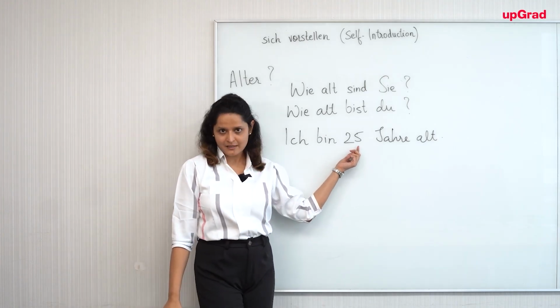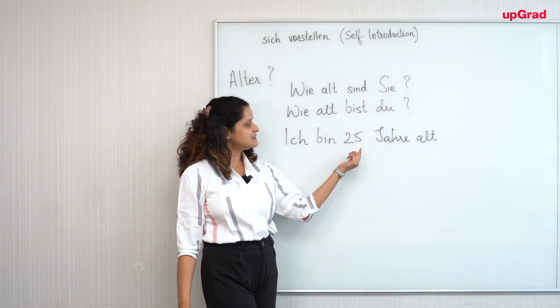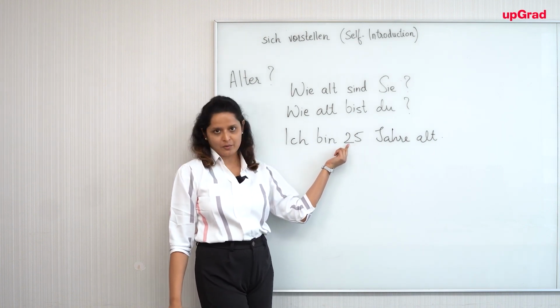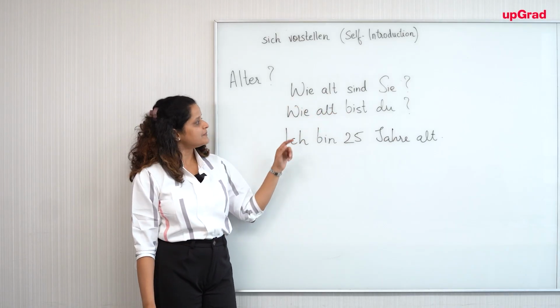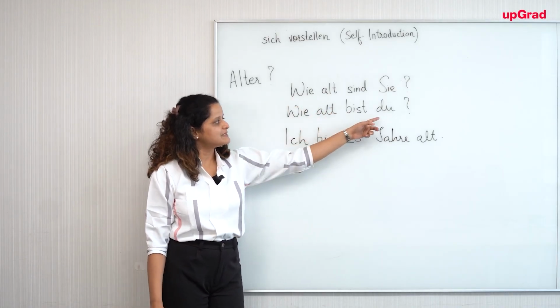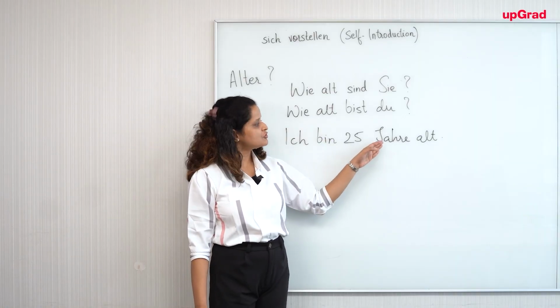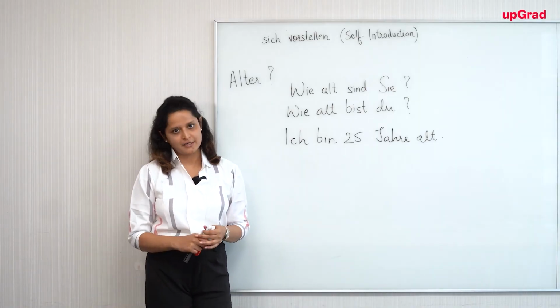But when we speak it out, it is going to be 25, like we had learned. The number goes backwards like this. So Wie alt sind Sie? Or Wie alt bist du? Ich bin 25 Jahre alt. This is your second point of introduction.